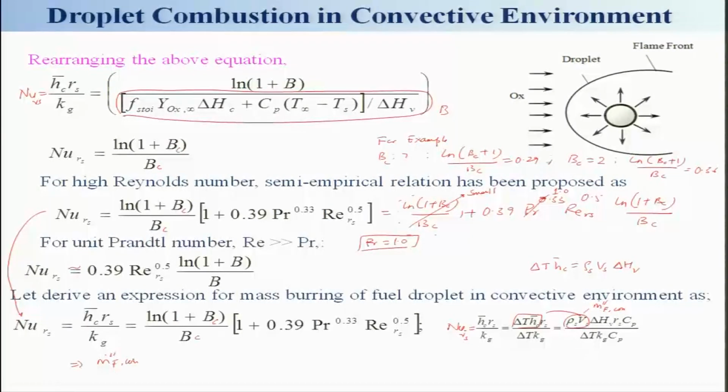m dot F convection Rs and delta Hv by Cp delta T, because this is delta T I am taking, into Cp by Kg. I am just rewriting these terms. And keep in mind that this Cp delta T divided by delta Hv is what?